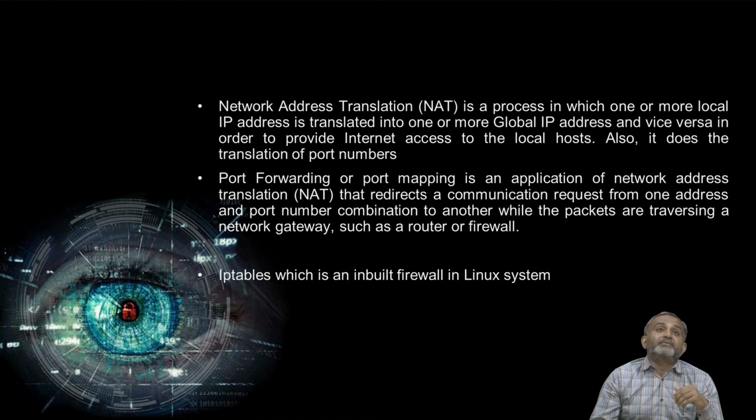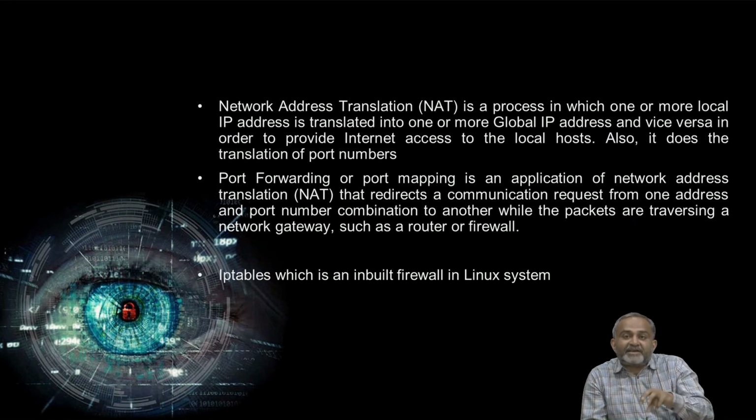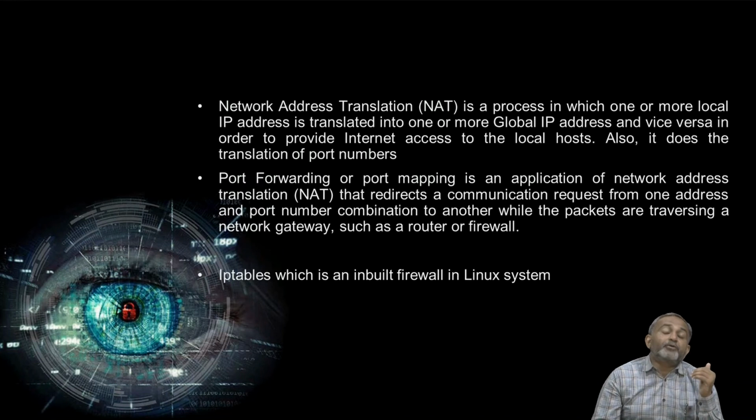Now NAT, network address translation, is a process in which one or more local IP addresses are translated into one or more global IP addresses, and vice versa. It also provides port translation.